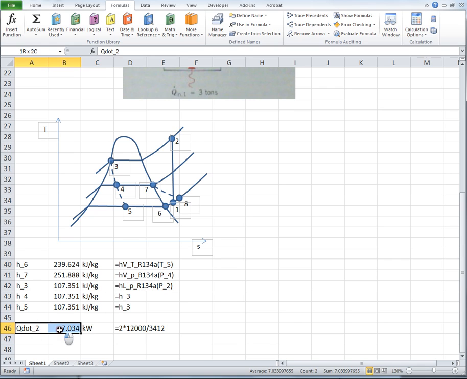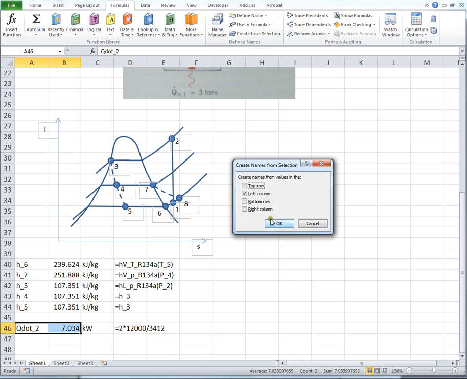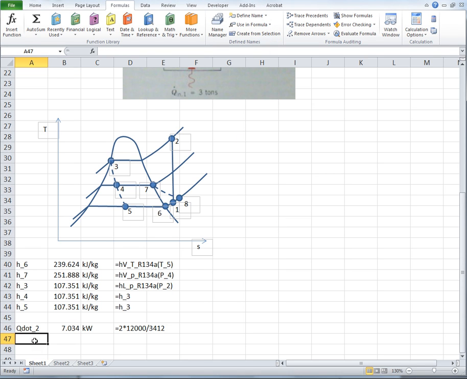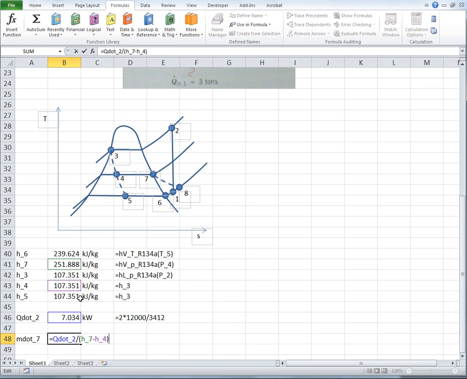So now this will allow me to find the mass flow rate that was requested, the mass flow rate at, what did I say, 7 is what I called it, m dot 7. It's just going to equal Q dot 2 divided by the enthalpy change across there, which is H7 minus H4. So where is that coming from?